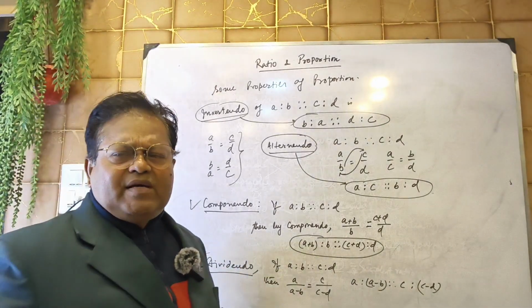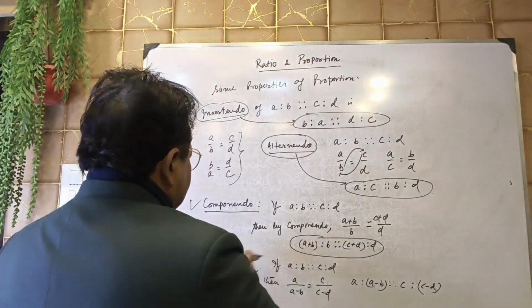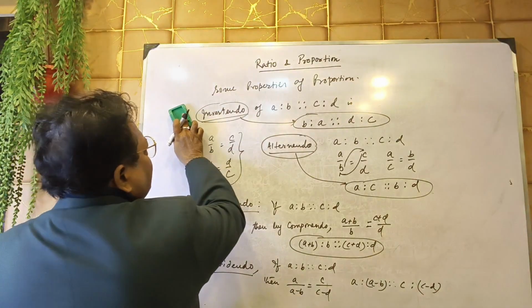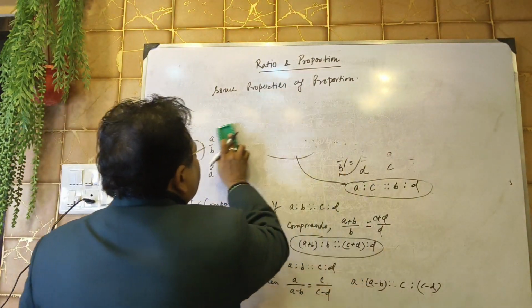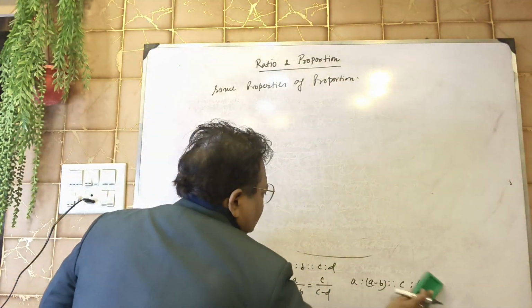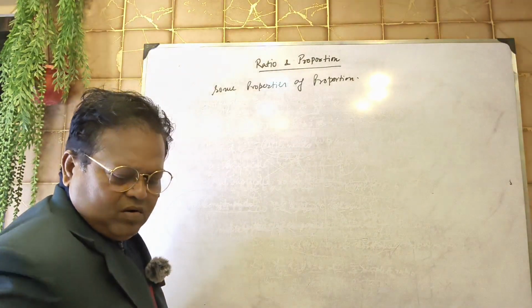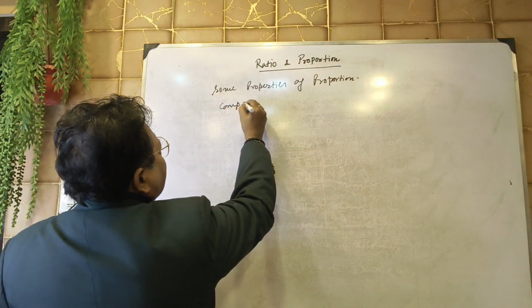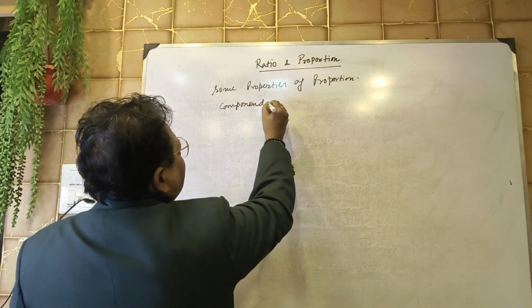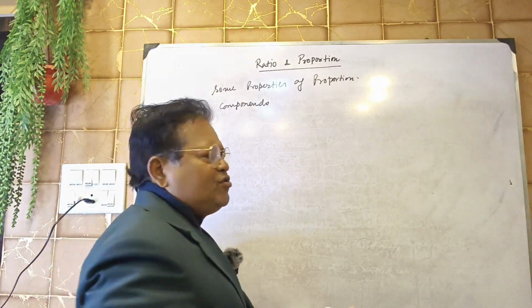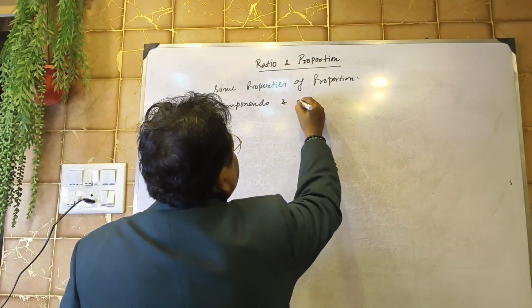You will not get this in all books. This is componendo and dividendo. Now when both componendo and dividendo are applied, this is the most important relation that can be used in sums of ratio and proportion.